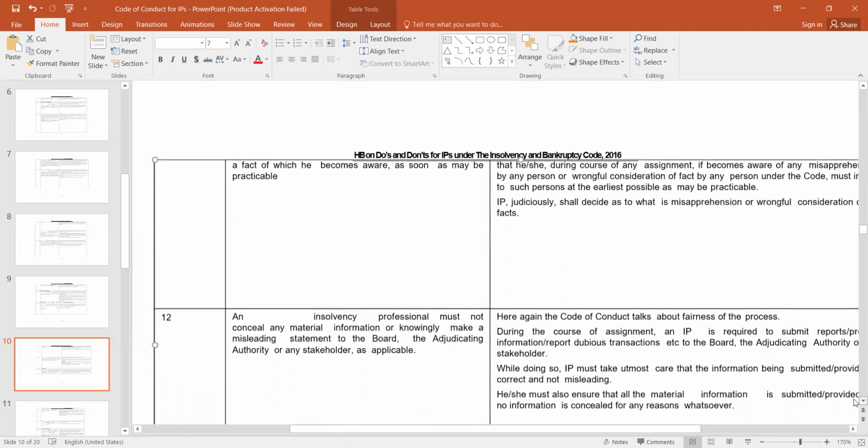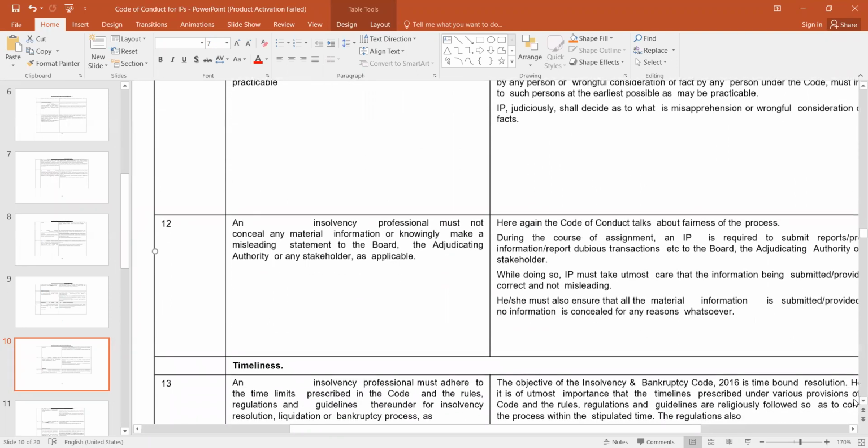Next point is that an insolvency professional must not conceal any material information or knowingly make a misleading statement to the board, the adjudicating authority, or any stakeholder as applicable. So here again, the code of conduct talks about fairness of the process.